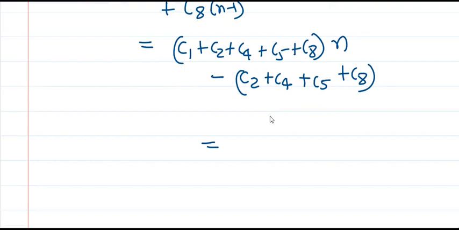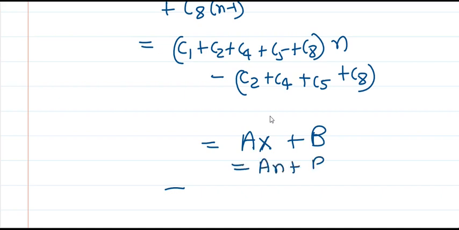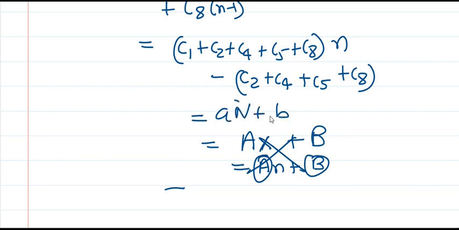And if you notice, this particular form is nothing but like ax plus some constant b. Here instead of x it's n, so it's of the form a n plus b, where a and b are constants. I should use small letters, so let me write it like this: small a n plus b.